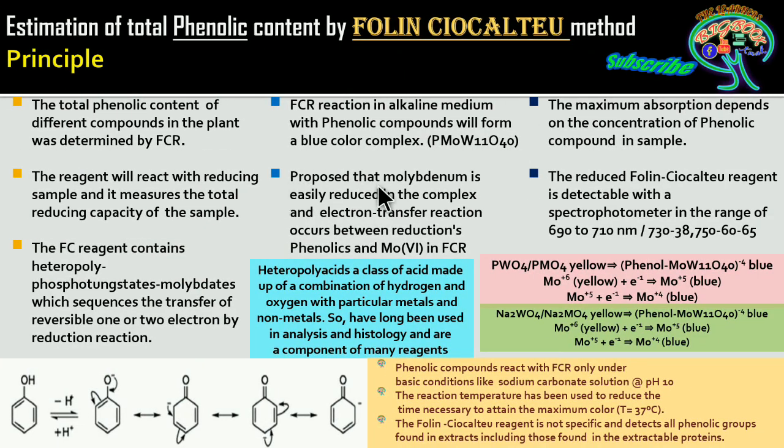Further, it is proposed that molybdenum is easily reduced in the complex and electron transfer reaction occurs between the reducing phenolic and molybdenum in FCR. Now when you observe these two reactions, this is the reaction of phosphotungstate and phosphomolybdate form of the composition of the FCR, that is the Folin-Ciocalteu reagent.